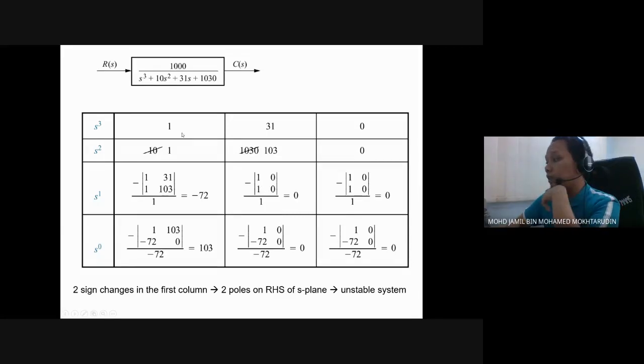So 1 ni diambil dari value ni, 1 dalam S cube. Boleh nampak mouse tak? Okay, 1 ni diambil dari sini. 1 ni, yang 1 bawah dia diambil dekat bawah dia ni. 1 ni. And then 0 ni diambil 0 yang ni. 0 ni diambil 0 yang bawah dia pula. Okay, itu yang for this box.